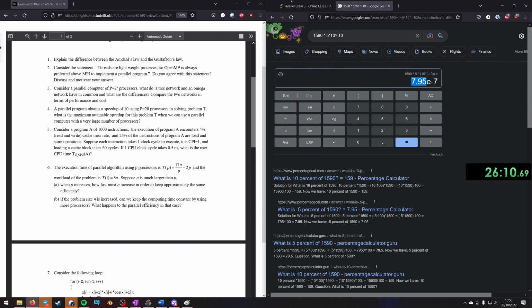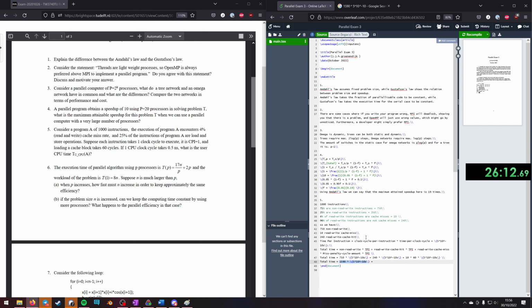Right, 7.95 times 10 to the 7.5 times 10 to the negative 7. Oh god, now my negative 10 here needs to be in the brackets. That's funny.